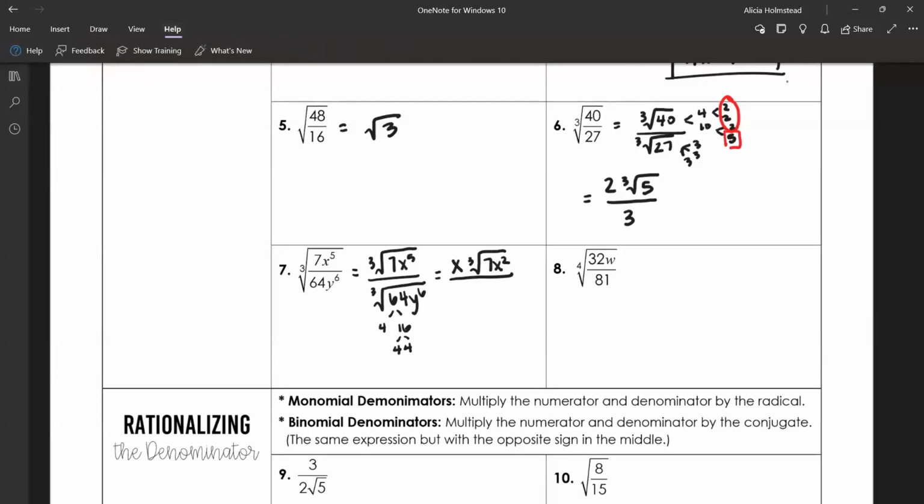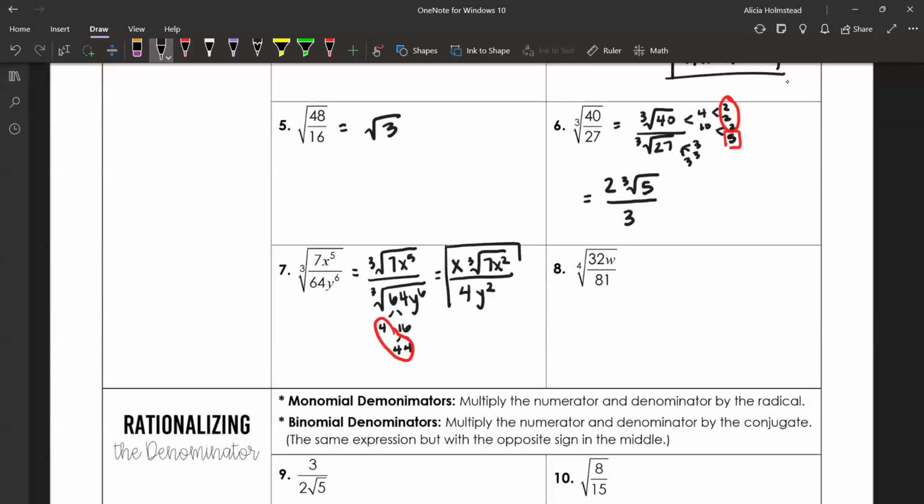So that's a group of 3 things. So we can pull out a 4. And then we have 6 y's, which is 2 groups of 3. So we can pull out all of the y's. And that simplifies. So that would be our final answer there.